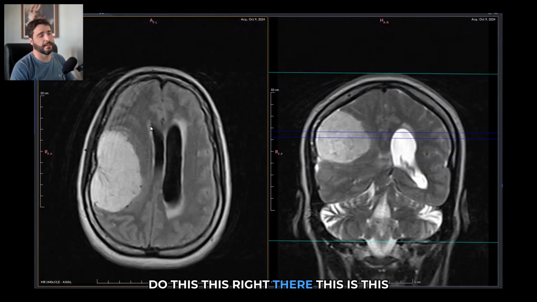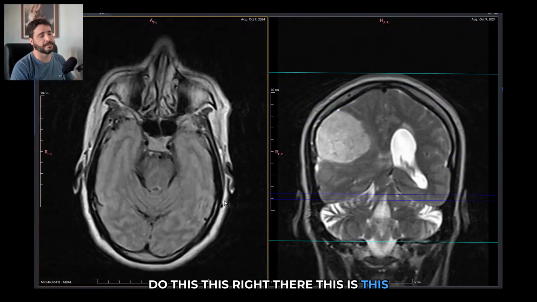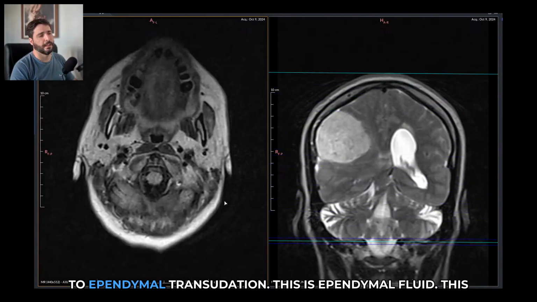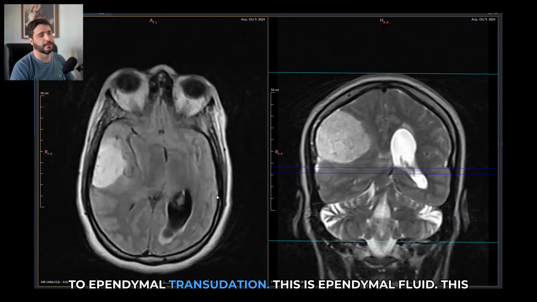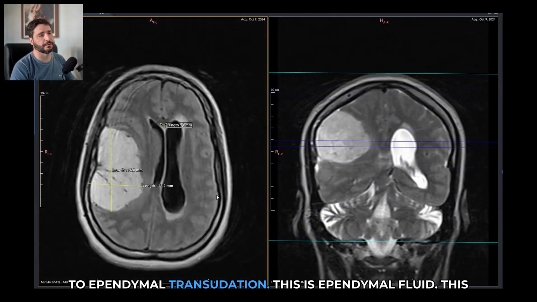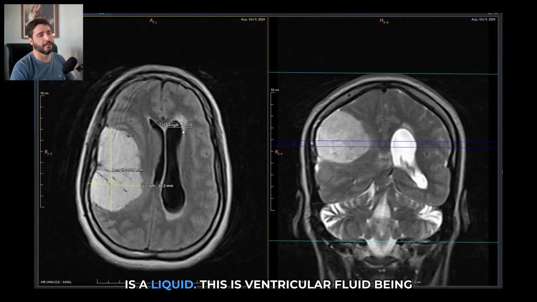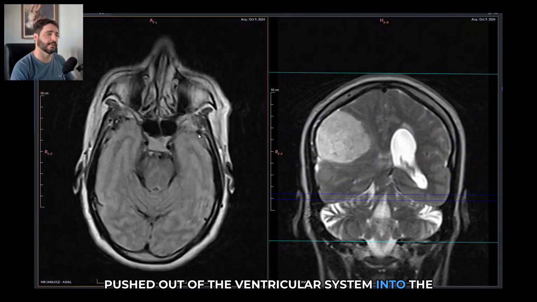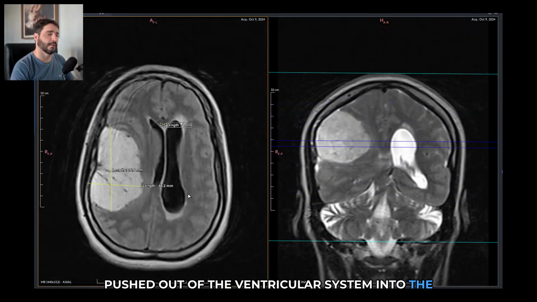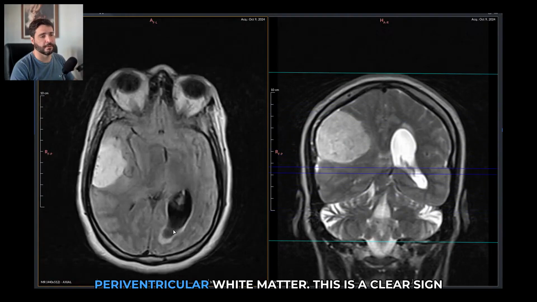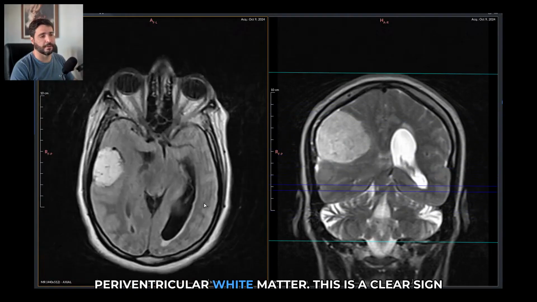This right there, this is due to ependymal transudation. This is ependymal fluid. This is liquid. This is ventricular fluid being pushed out of the ventricular system into the periventricular white matter.